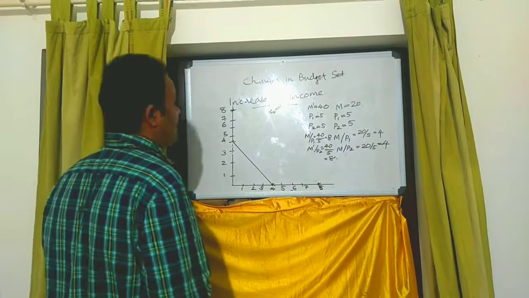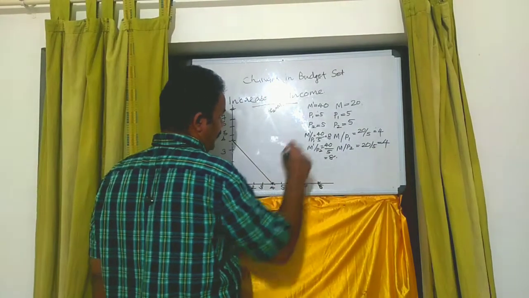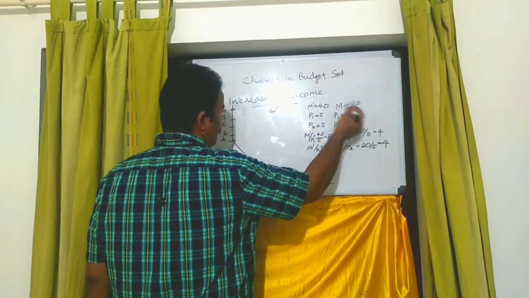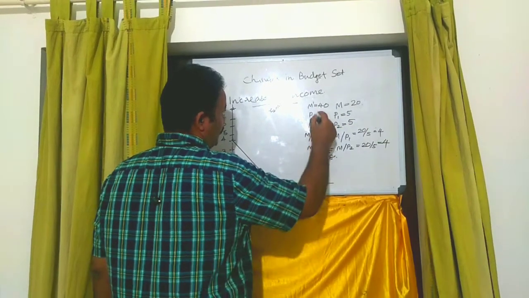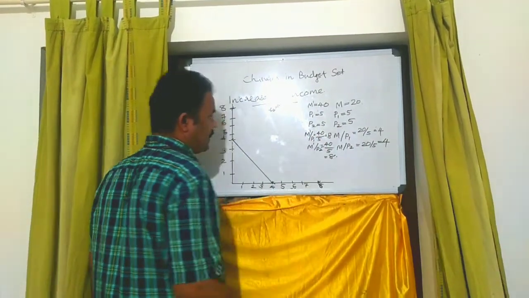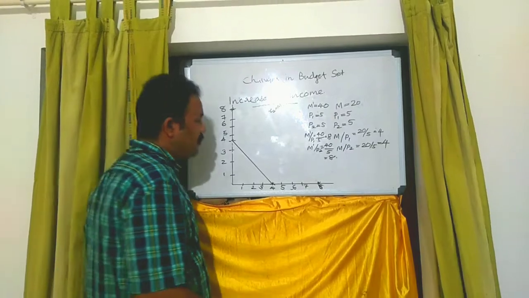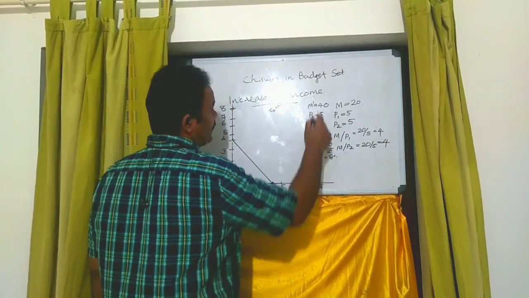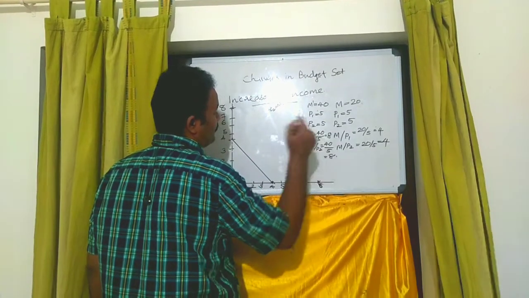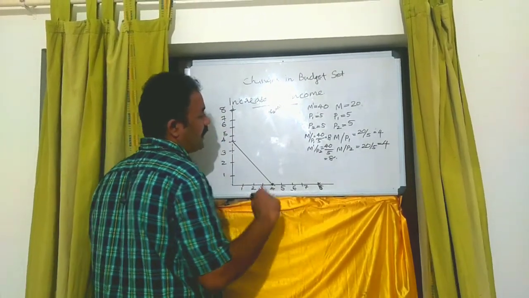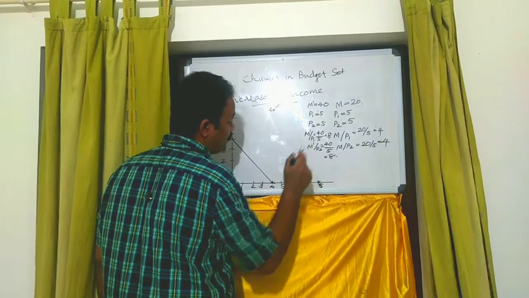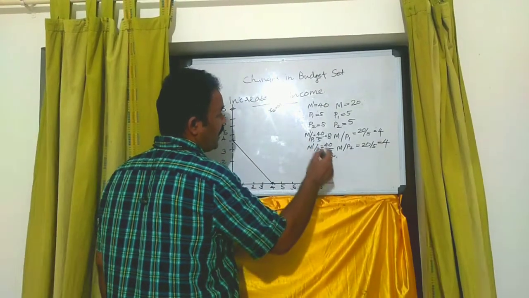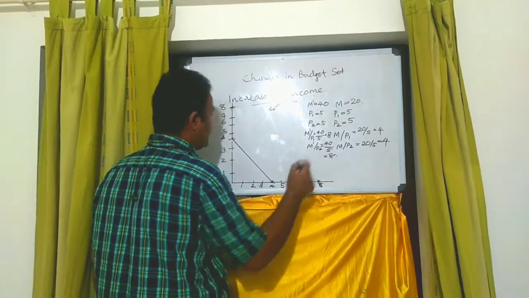Then due to change in income, here income is increasing from 20 to 40, but there is no change in price. At that time, new horizontal intercept, that is M dash by P1, that is 40 by 5, is equal to 8. Then vertical intercept M dash by P2, that is 40 by 5, that is 8.